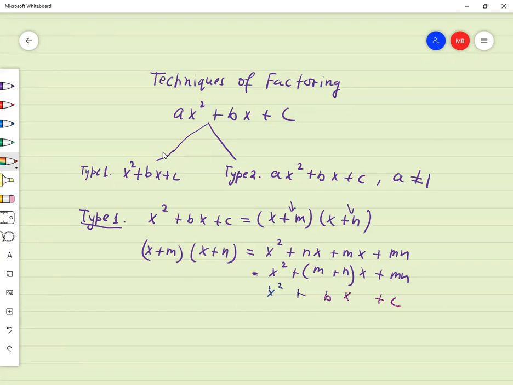So what does this mean? That the product of the two numbers m and n must be equal to c, which is the constant term of the polynomial.